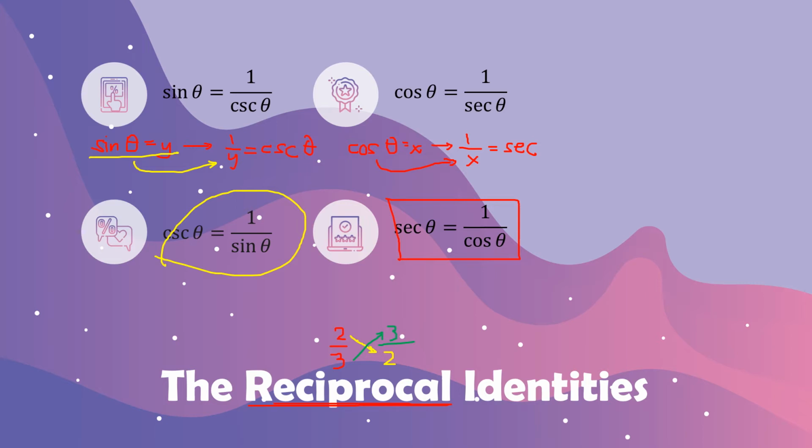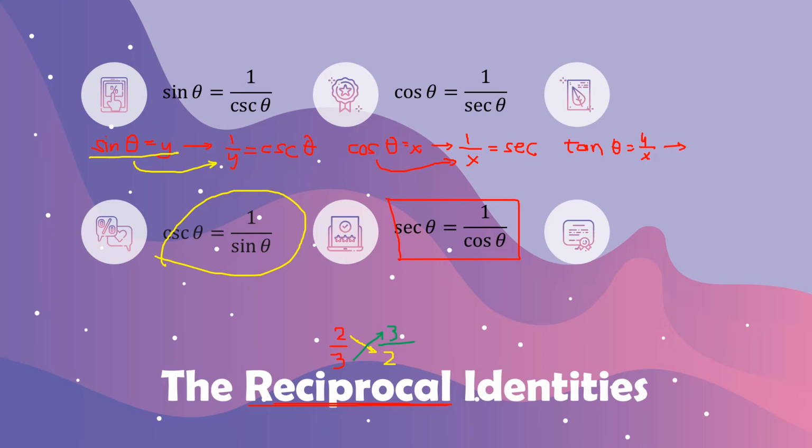On the other hand, meron tayong cosine theta equals 1 over secant theta, and we have secant theta equals 1 over cosine theta. Magka-partner yan siya. And for a third pair, mas masaya. Let's have tangent theta. Si tangent theta is defined as y over x. Tama? Then let us get the reciprocal.